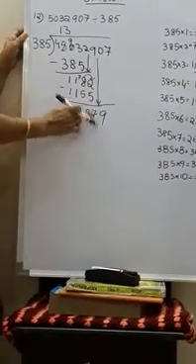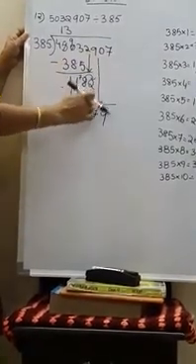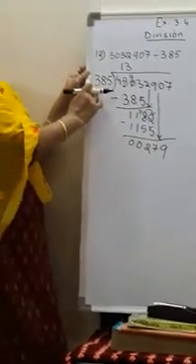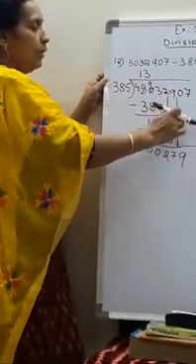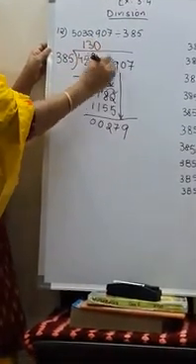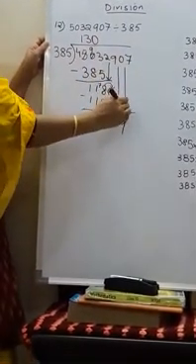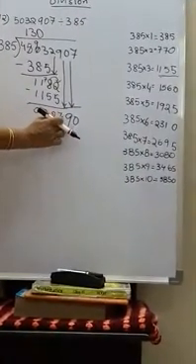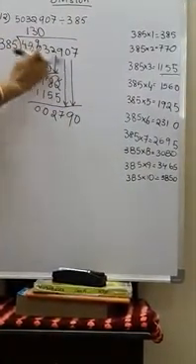Now again, bring 9 down. 279. But here 279 is smaller than 385, so you need to bring one more digit down. For that, you need to keep 0, then bring the other number. Now 2790. Why did you keep 0 here?